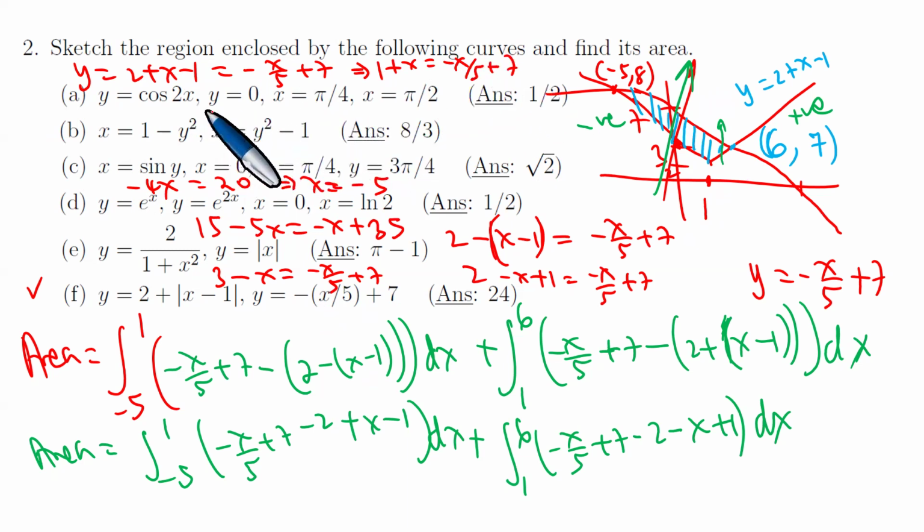Multiply through by 5, which is 5 plus 5x equals minus x plus 35. Like that, which is 6x is equal to 30. 30 divided by 6 is a 5. Yeah, so I think that is the error.